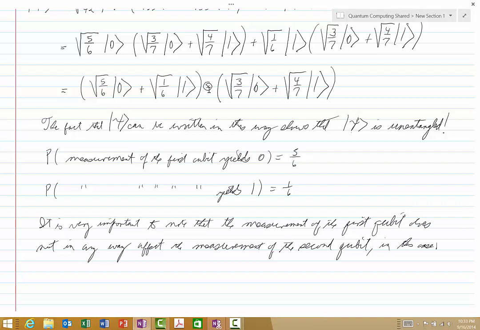And so this is something that's non-intuitive, but it is the way it works, and it plays a big role in quantum computing. So that's our first example of the measurement of one qubit of a 2-qubit state.